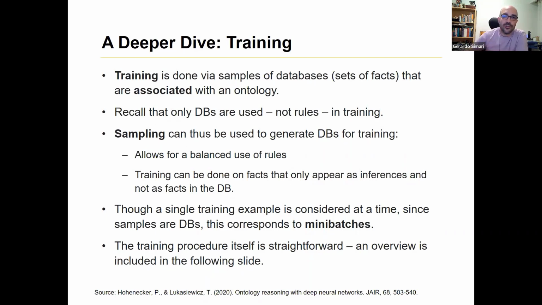So you had the sculptor, you had the painter, and maybe Michelangelo was never referred to as an artist in the data. So in this case, if you apply the rule that all painters are artists, then that data will be more representative of the inferences that can be performed with the ontology.